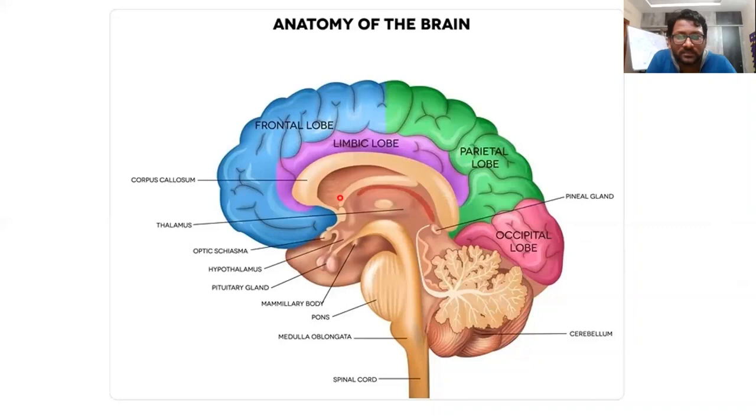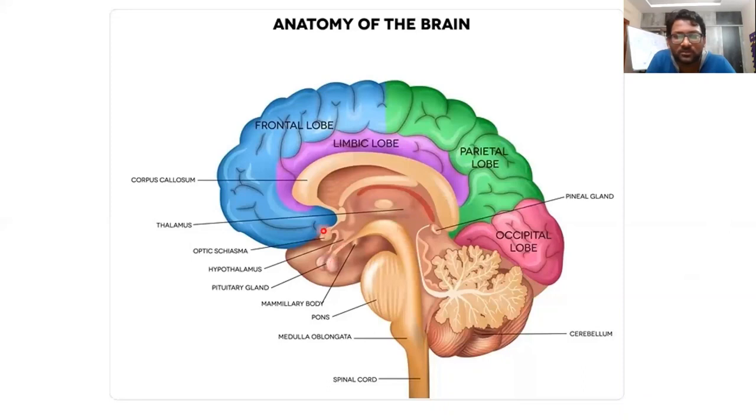Here you can see that the limbic lobe is there. It actually sets certain emotional responses with the help of the limbic system. It also integrates with the endocrine system by secretion of peptide hormones.